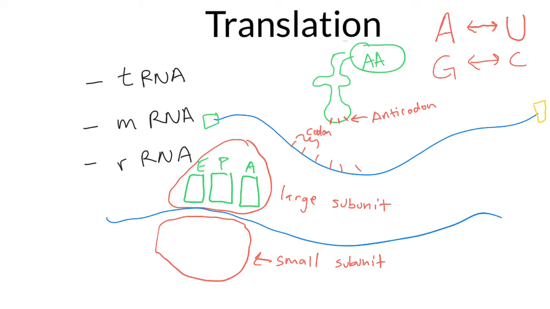So the anticodon and the codon are what bind, what determines what tRNAs are going to go and match up with the mRNAs. The ribosomes guide the process, and then they also form bonds between the amino acids. Right? So what's the bond that forms between amino acids? What's it called? Peptide. Good.